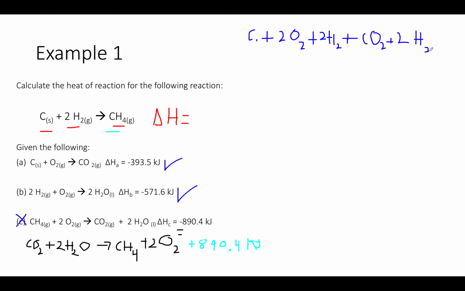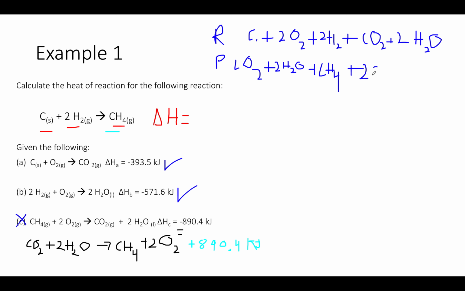So those are our reactants. Now let's look at our products. Carbon dioxide gas again, 2 moles of water, and methane, and 2 moles of oxygen gas.